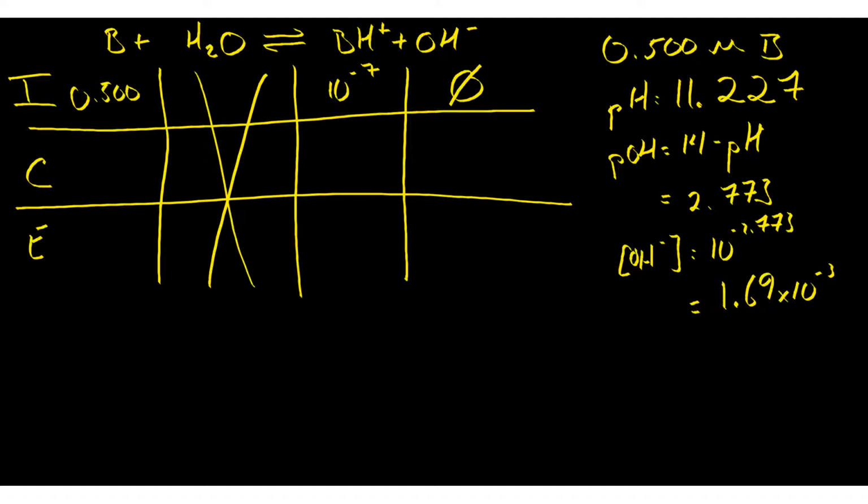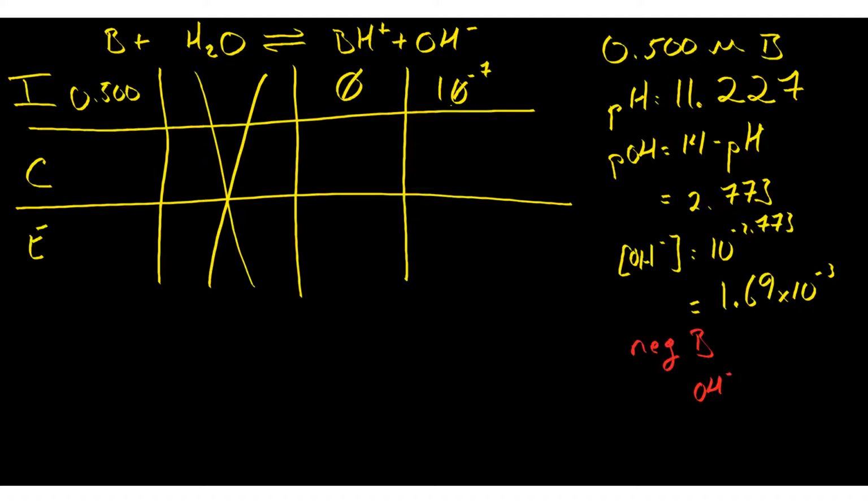Now we can double check. Is this negligible with respect to our initial concentration? I got that backwards, so I'm going to fix that. It's 0 for BH+ and 10 to the negative seventh for OH-. That doesn't really matter. The 10 to the negative seventh is absolutely negligible.